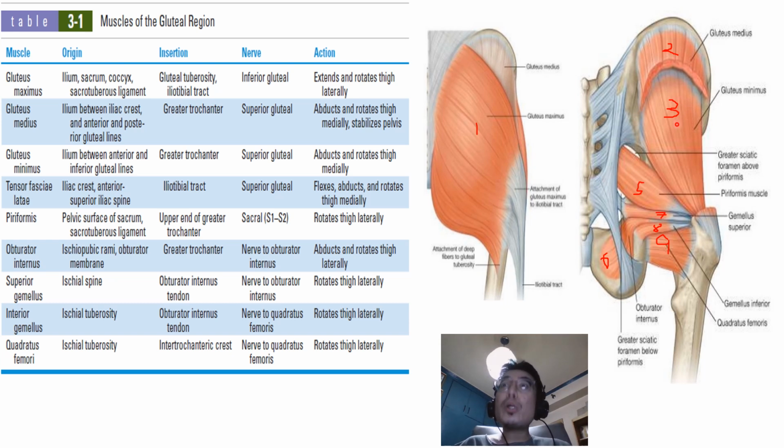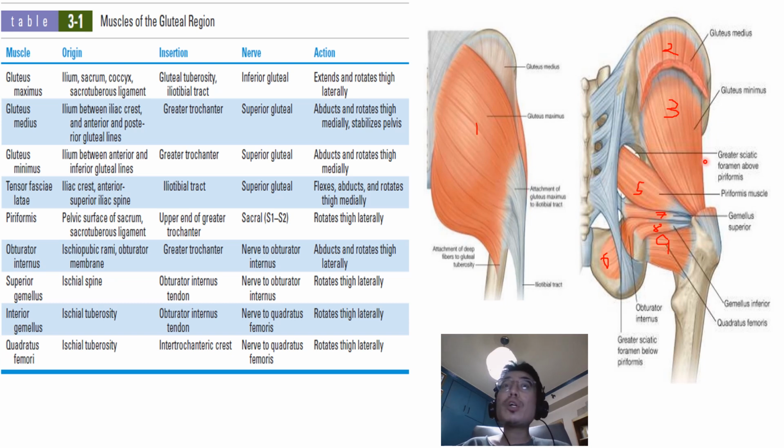Deep to the gluteus medius is the gluteus minimus, labeled here as number 3. The gluteus minimus also has its origin from the ilium, specifically between the anterior and the inferior gluteal lines. It inserts, just like the gluteus medius, into the greater trochanter, and it is also innervated by the superior gluteal nerve.